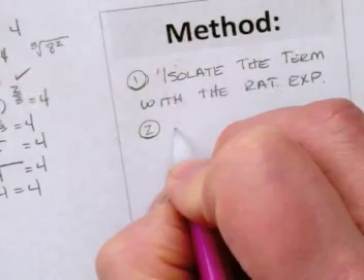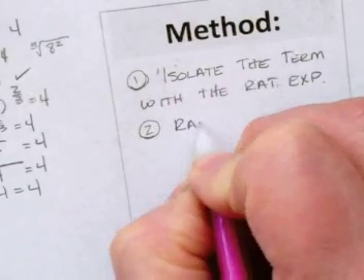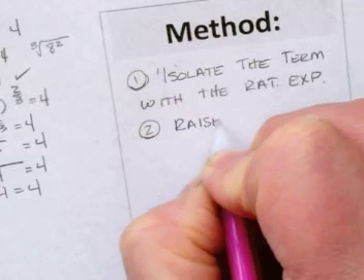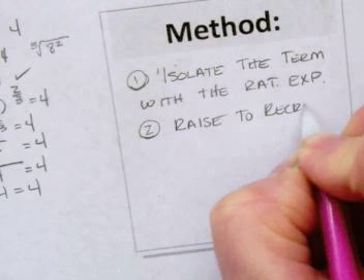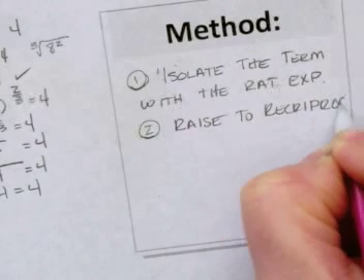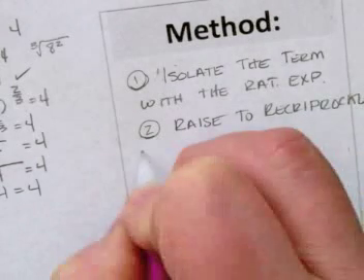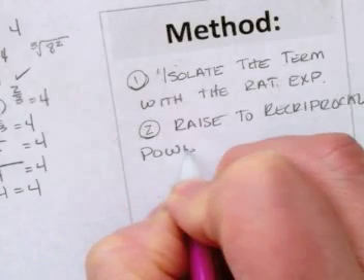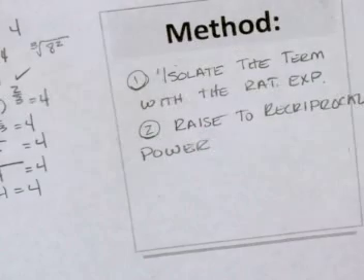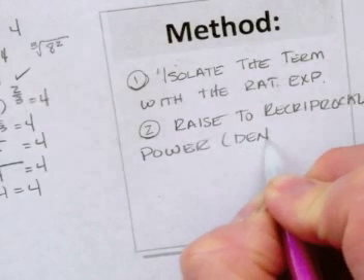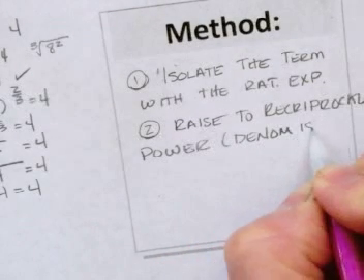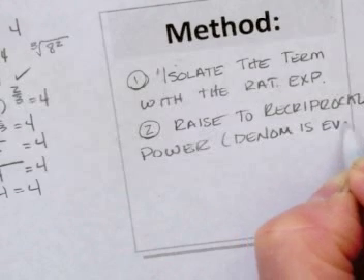The second step was we raise it to the reciprocal power. And we have to keep in mind that if the denominator is even, we need that plus or minus.